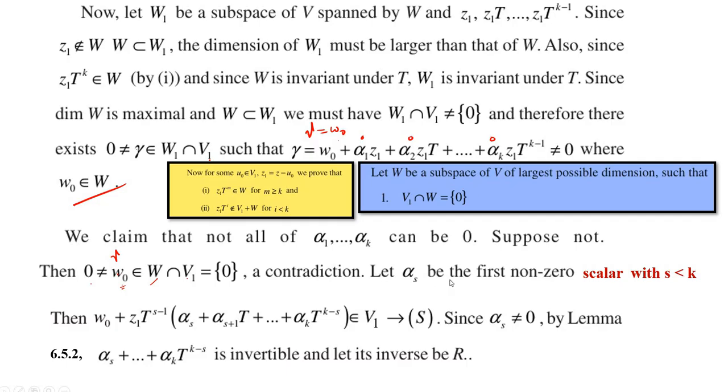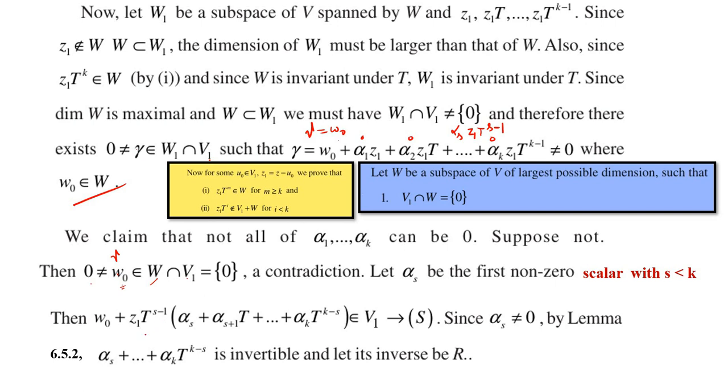So let us take alpha s to be the first non-zero scalar. It is a number which is less than k. So let that be the first non-zero scalar. Then this W naught plus the whole lot now becomes, we are taking Z1 T power s minus 1 out. See, when you have alpha s here, it should be Z1 T power s minus 1.